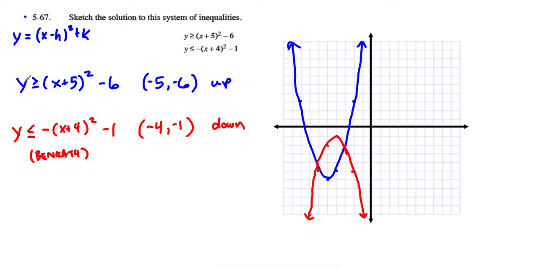For the other one, we want all the y values that are greater than or equal to, so it's going to be above. So think about it, if we're shading above this one and below this one, our overlap will end up being right inside this region here.